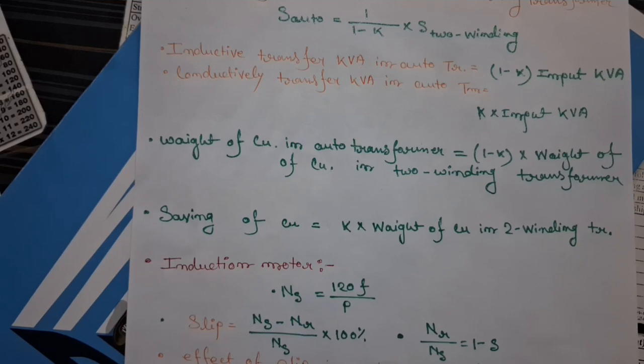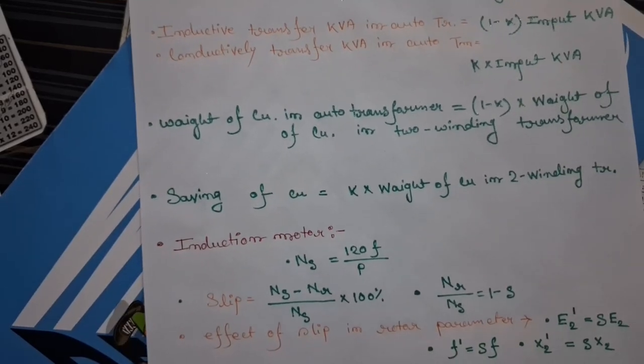Then you have to remember the weight of copper in auto transformer, which is equal to 1 minus K into weight of copper in two-winding transformer. Then you have to remember the saving of copper. The saving of copper in auto transformer is equal to K into weight of copper in two-winding transformer.